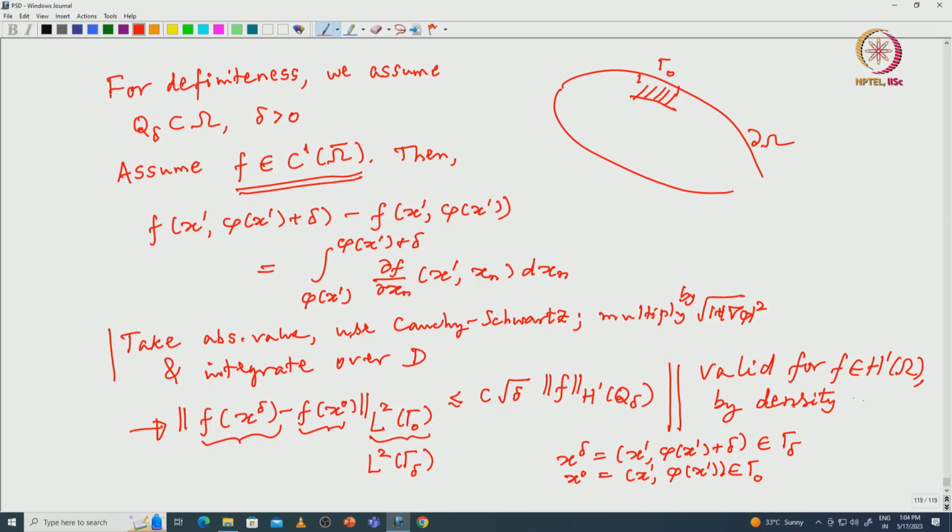Now, suppose f restricted to gamma 0. So, this is nothing but trace of f on gamma 0 is 0.